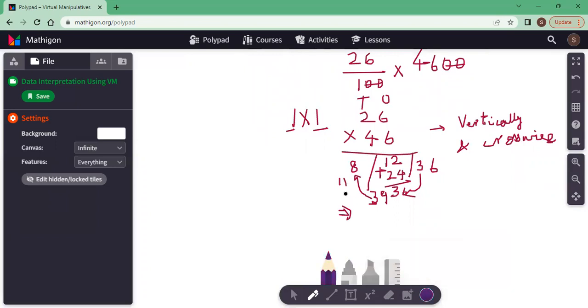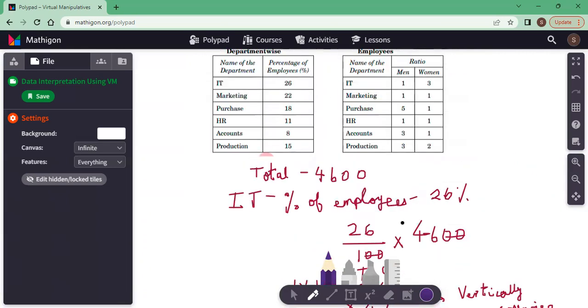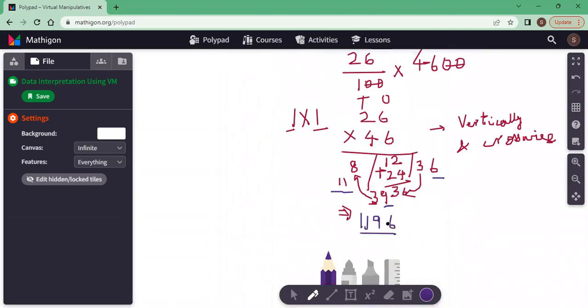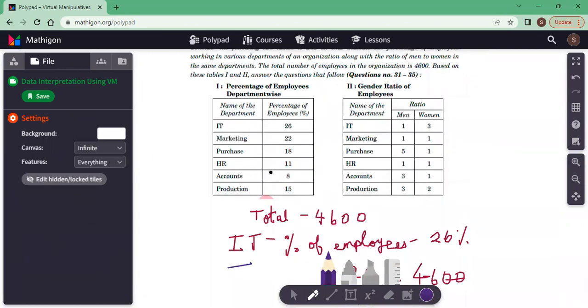Now let us see the product: 11, 9, 6, so it is 1196. So out of 4,600 employees in that organization, 1196 employees work in the IT department.